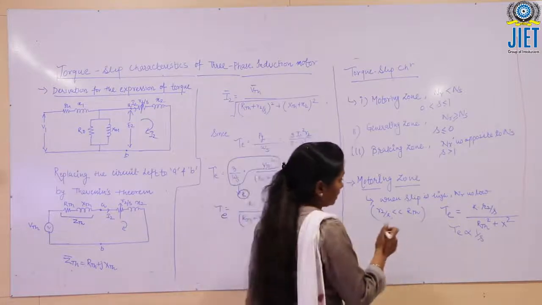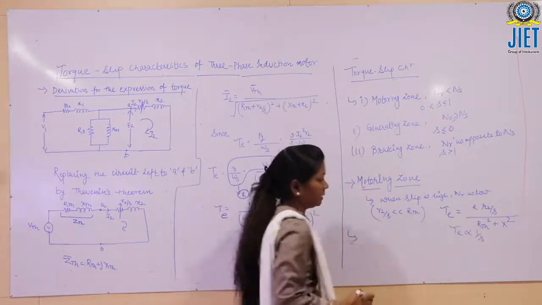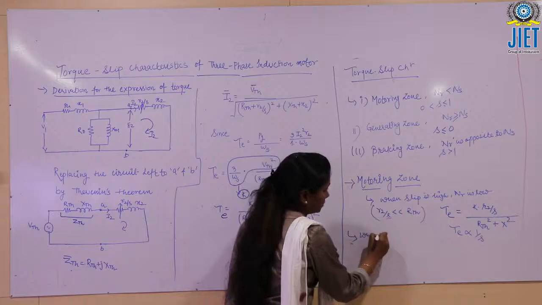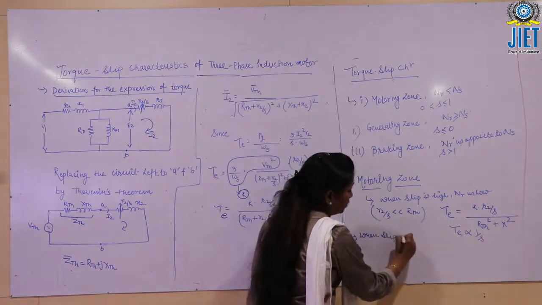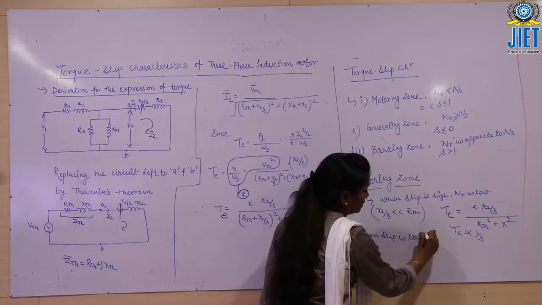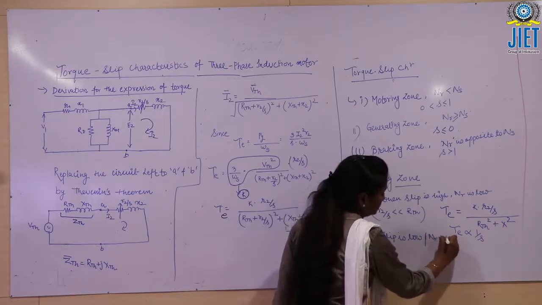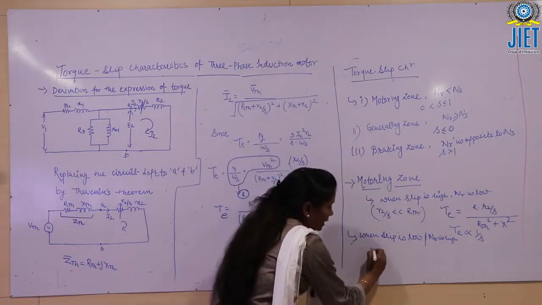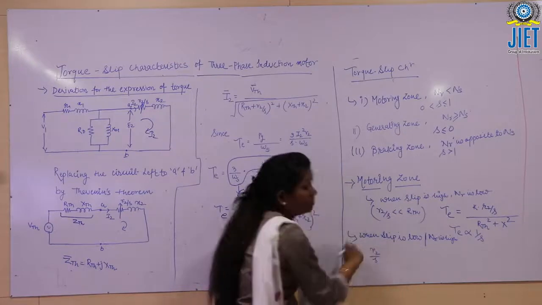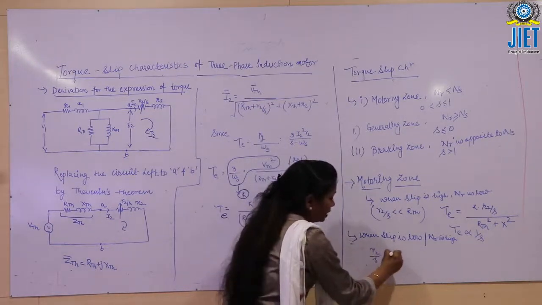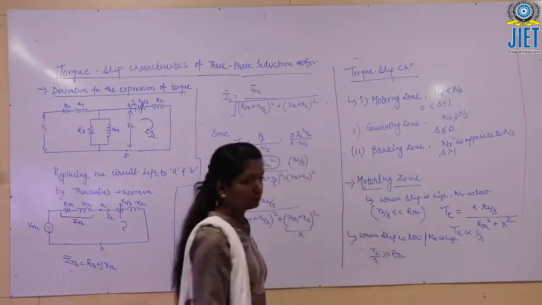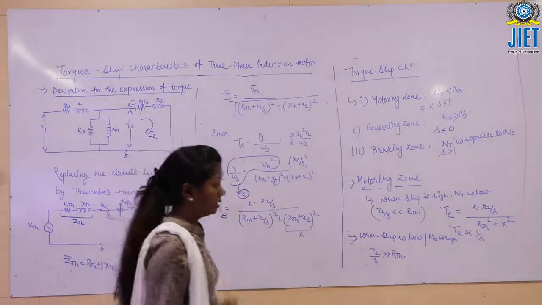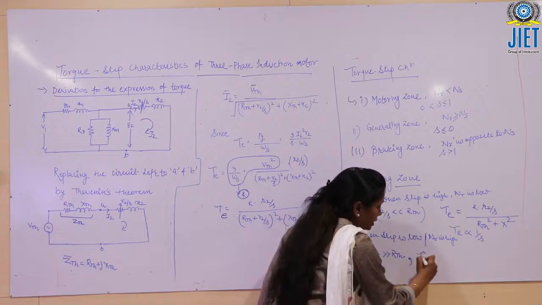The second part of the same characteristic in the motoring zone is when slip is low or the NR is high. Now R2 by S becomes significant and it is much larger than RTH. So this becomes the dominating term and the other becomes insignificant. So how does the torque change?